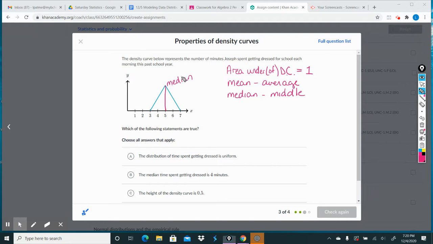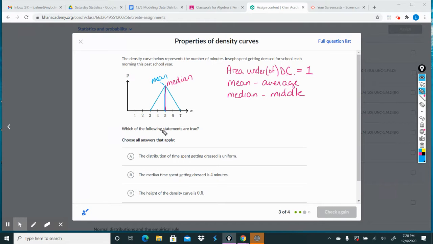Median, we're going to assume, is right here. The mean would also be the same thing, because we have between 3 and 7, halfway in between would be 5. So that is our mean. So our mean and median are actually equal to each other in this case.